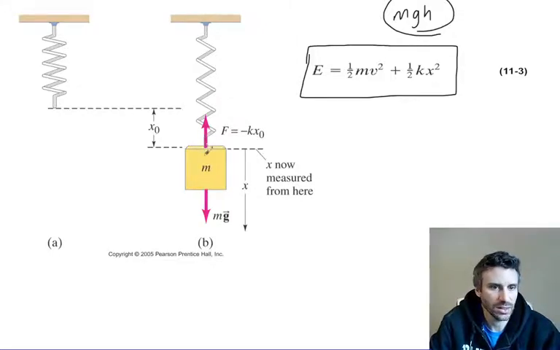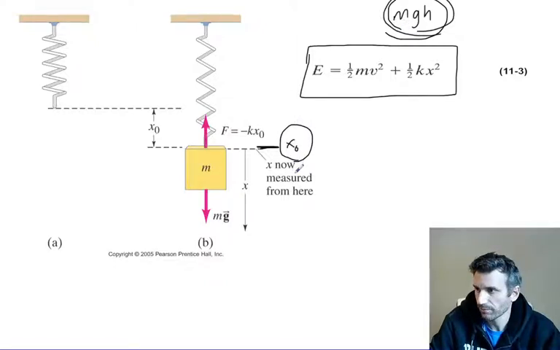It started at this equilibrium position. So as long as we are considering this spot right here to be my x naught, my initial position, then I don't have to consider mgh at all. It's already been considered by making this my 0 position, because this is the equilibrium position where it doesn't want to accelerate up or down.